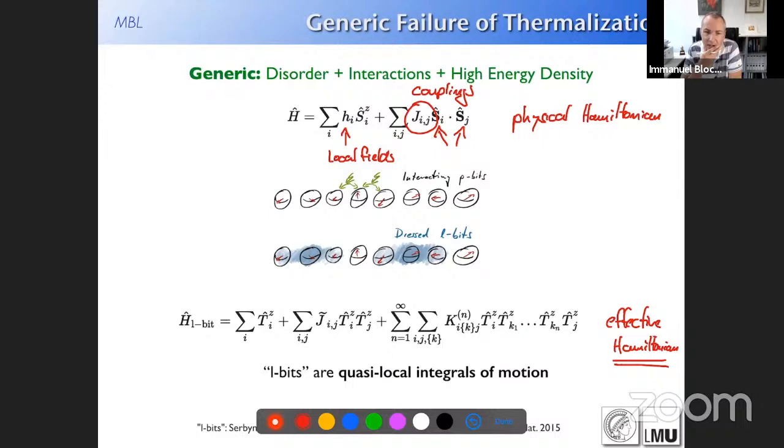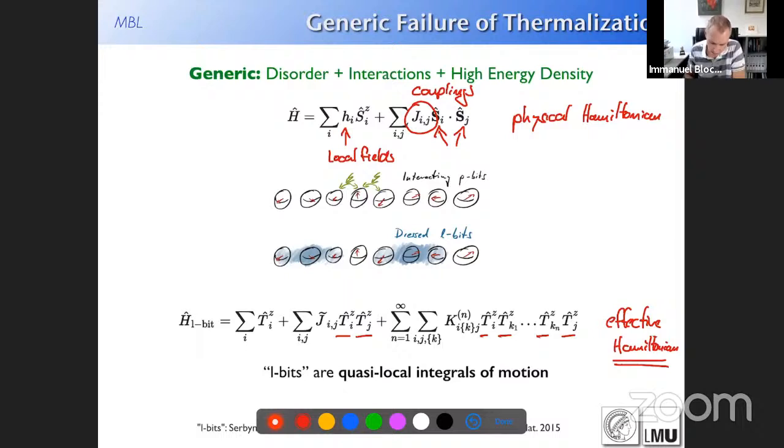And it turns out we can write the effective Hamiltonian in the following form: a product of these tau z operators, two-body interactions between effective spins at sites I and J, and multi-body interactions, which become weaker and weaker as we go in the system. Okay, so we have an effective Hamiltonian that describes the evolution of our L bits.